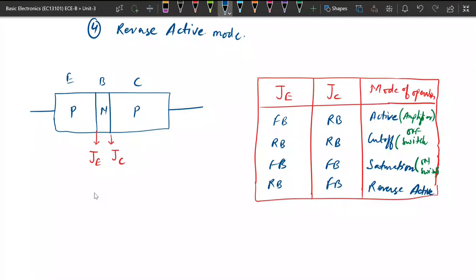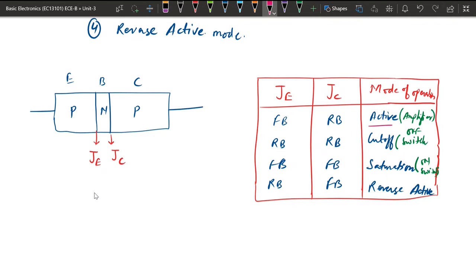If the emitter junction is forward bias and the collector junction is reverse bias, it is considered active mode. In active mode, the BJT is used as an amplifier.